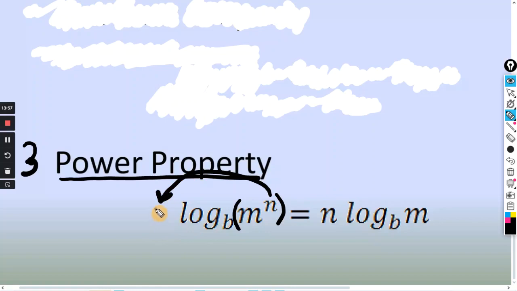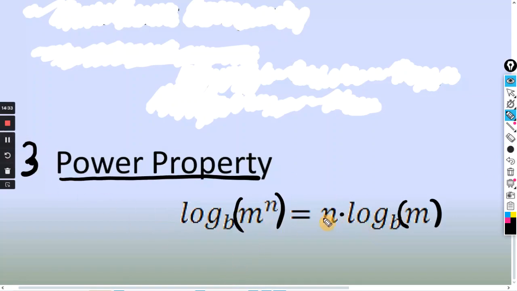So it's going to be n times log base b of m. You can just take the exponent and move it out front, and that is only when the argument has the exponent on it, m to the power of n.